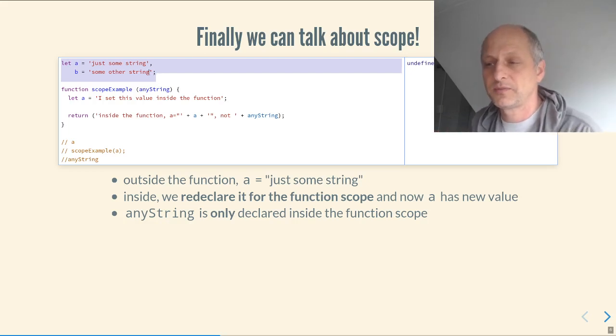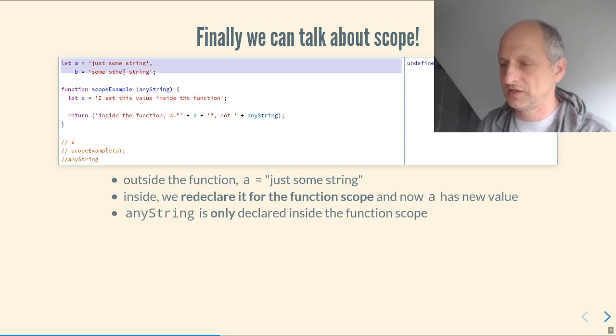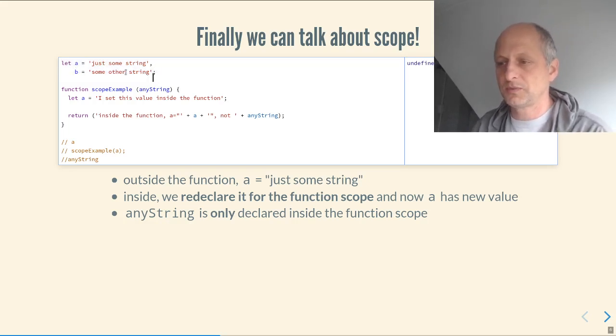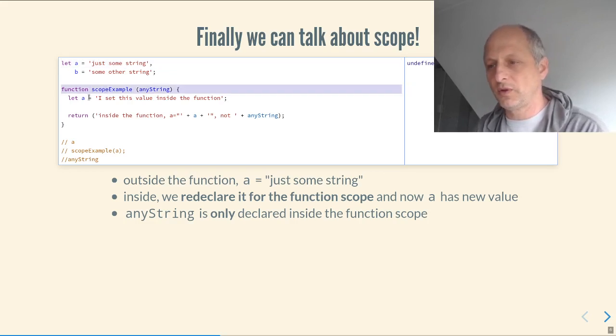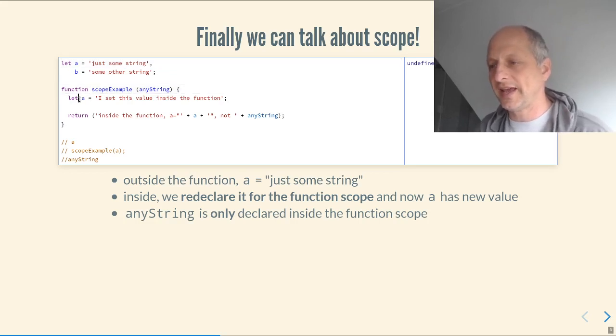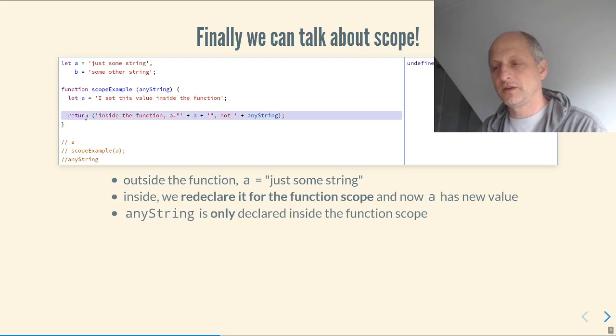So here I have a global variable a, and at the global scope, its value is set to just some string. Inside the function scope example, I'm going to set a again to another value, and I'm going to use it in the return value.